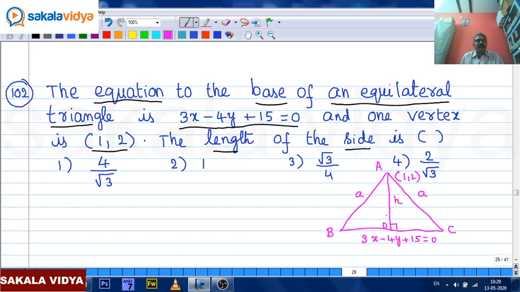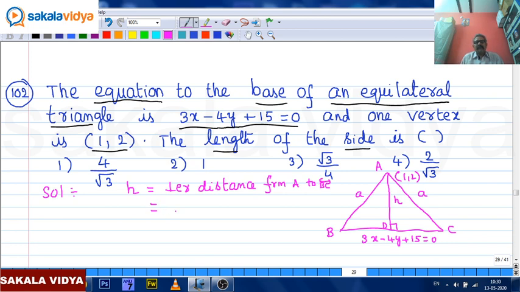First let us find out H here. H equals the perpendicular distance from A to BC.